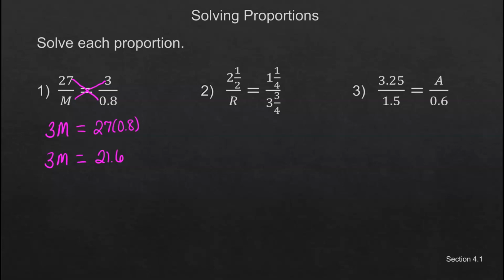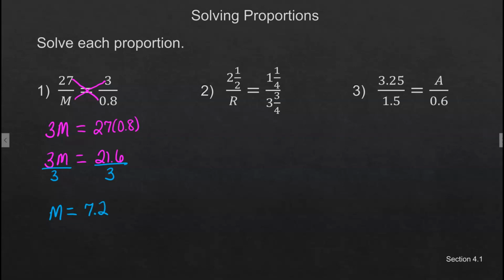So when I say we divide to solve, it's because we're solving an equation, and this is 3 times m. So if we divide both sides by 3, I think I'm going to change colors here. I divide both sides by 3, then my solution is 7.2.